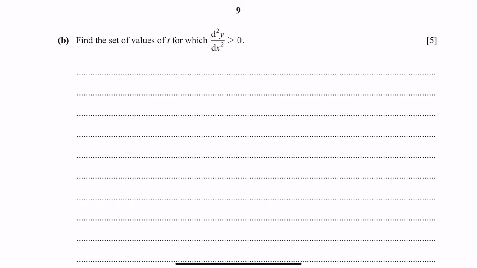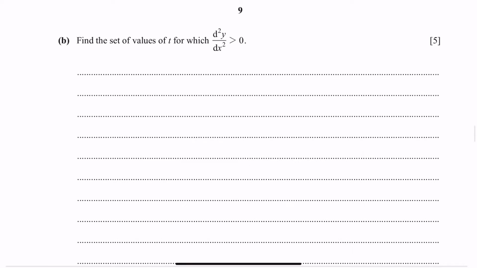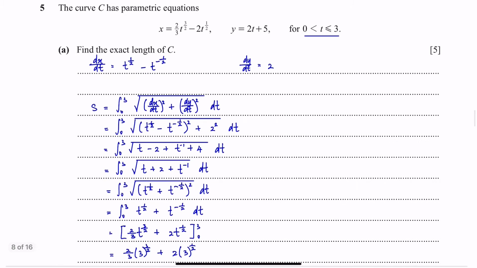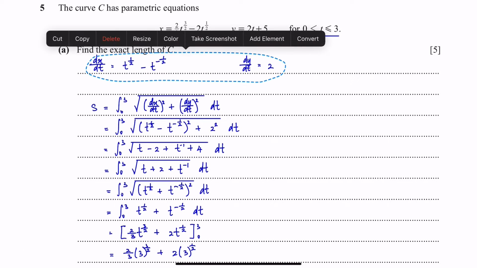For part B, we need to find the set of values of t for which d2y over dx squared is more than 0. So first we will need to find dy over dx. And it's basically dy over dt times dt over dx. So let's just copy what we have found just now.